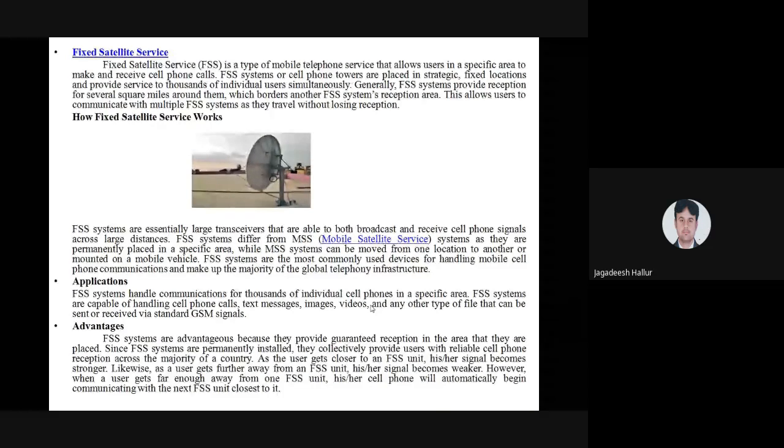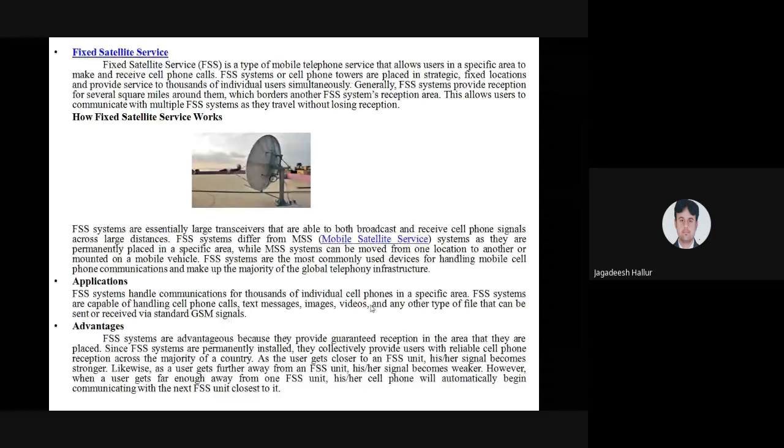The fixed satellite service. This fixed satellite service is a type of mobile telephone service that allows users in a specific area.